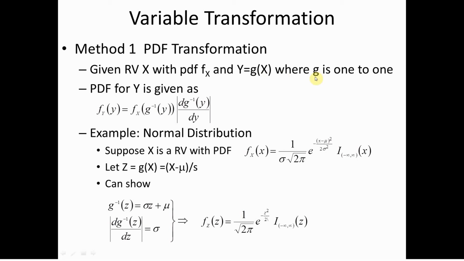That's important. Then the PDF for Y is given as the PDF of X evaluated at g inverse of y.